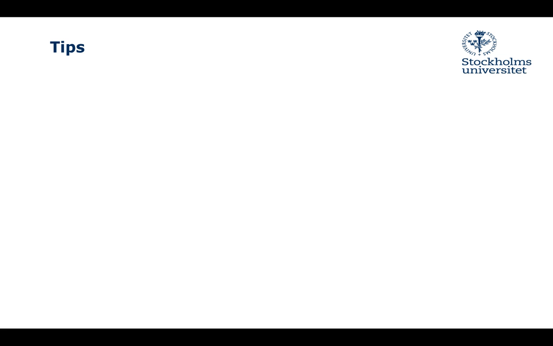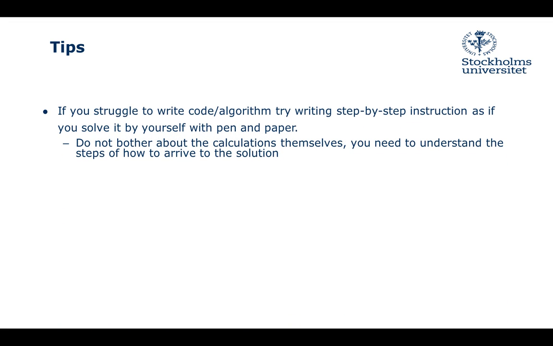So this is it for algorithms and for our example, and now I'm going to give you some tips for when you're going to work with algorithms. If you struggle with writing algorithms step by step, turn off the computer, take pen and paper, and actually try saying, okay, first I'm going to do this, second I'm doing this.